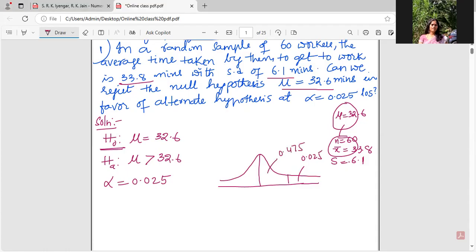Now I look at the Z distribution table, the normal distribution table, for the area from 0 to 0.475. Wherever the area is 0.475, that would be my Z value.